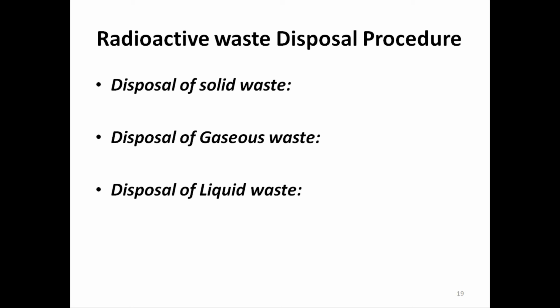Second is disposal of gaseous waste. This we generally get from ventilated air in a radioactive isotope research lab. The decontamination takes place using an installed scrubber, charcoal filter or absolute filter.